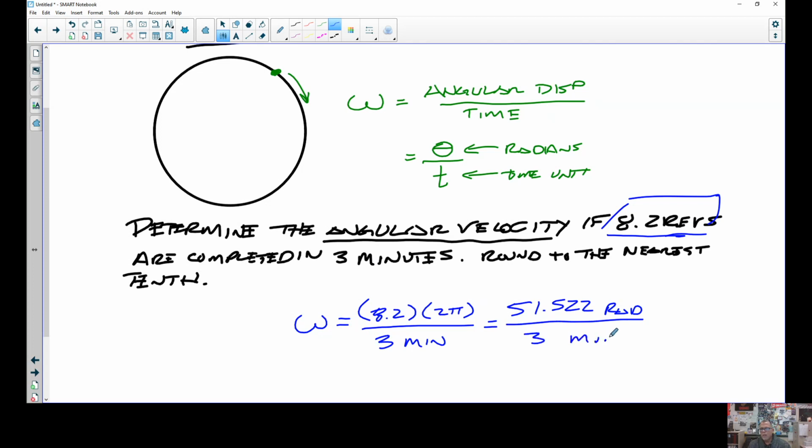So we're not yet in radians per minute. We want a single unit of time on the bottom. We've got 3 minutes, so I'm going to divide by 3, and I'm going to get an answer of 17.174. I'll read my calculator correctly here.